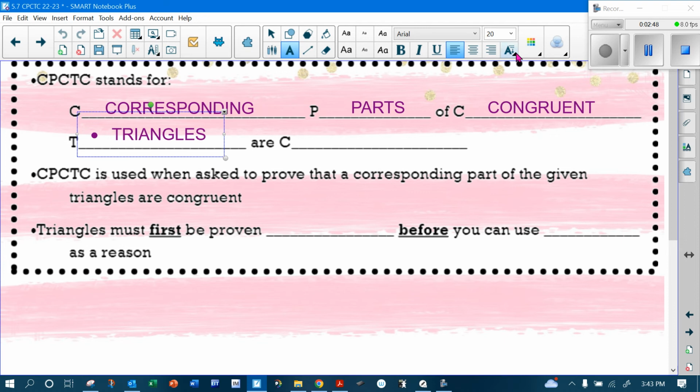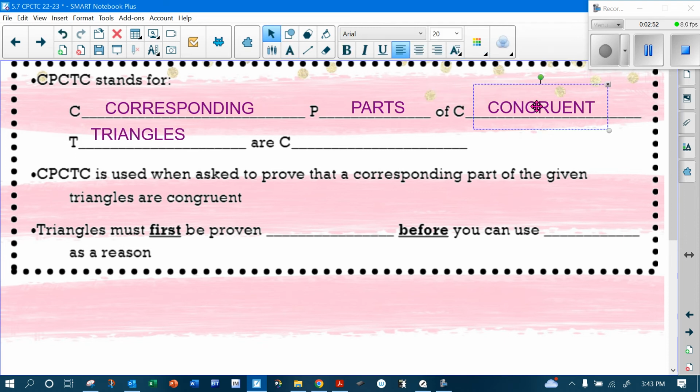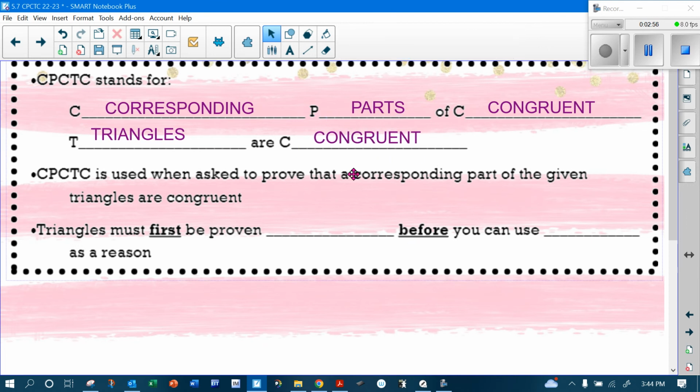So CPCTC stands for corresponding parts of congruent triangles are congruent, meaning if my triangles are equal to each other, all their parts are also equal. That's all that stands for. It's just a really quick way of saying it.